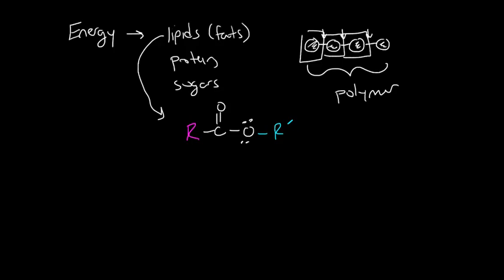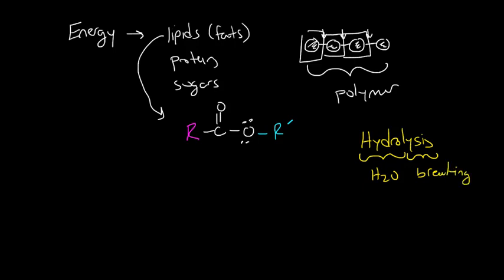When we metabolize these fatty acids, we need to be able to break this ester linkage to use the individual fats as food, as energy. The class of chemical reaction that occurs is known as a hydrolysis. As the name suggests, it involves water, and lysis means breaking.